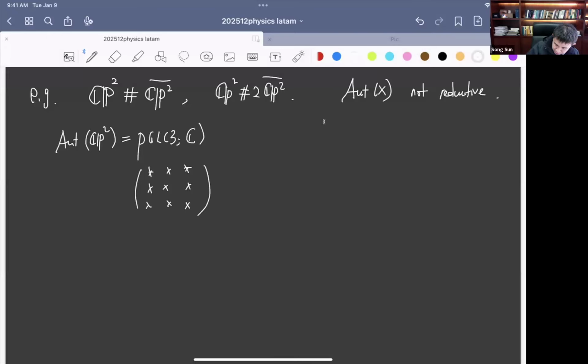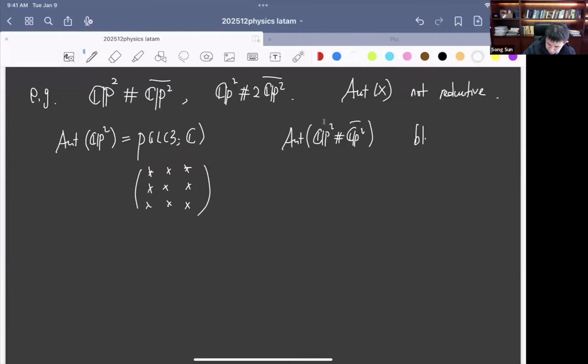But if you blow up a point, it does not depend on which point, because by the automorphism group acting on CP2, you can assume the point you blow up is, for example, [1:0:0].